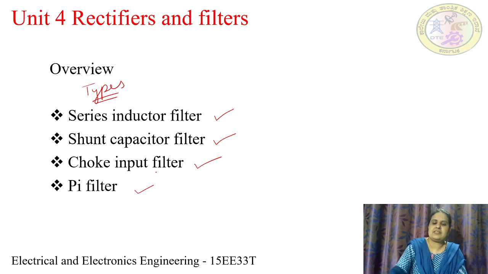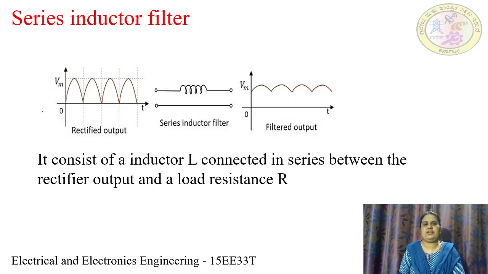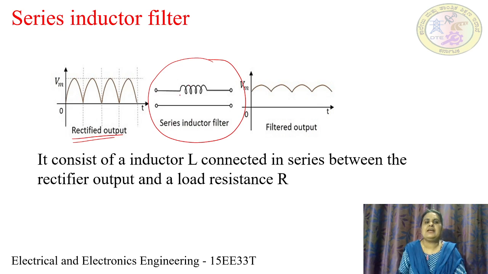If we look at the diagram of a series inductor filter, we have the output of a bridge rectifier or a center tap rectifier given to a circuit. The circuit has an inductor in series between the rectifier and the load.